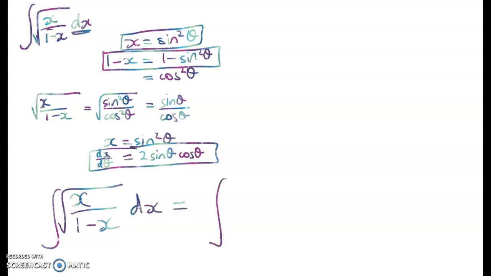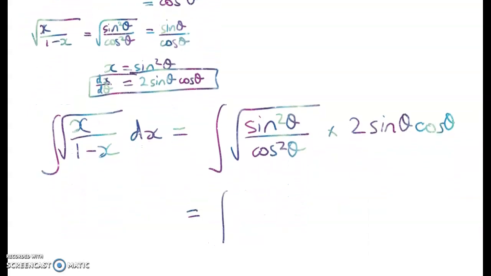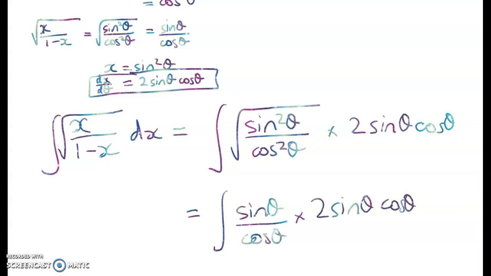To show that question, don't leave anything out. So here we've got, and we've already done this bit, but never mind, this, and dx is equal to 2 sine theta cos theta. So that gives me sine theta times cos theta times 2 sine theta cos theta, and I've lost my d theta there.